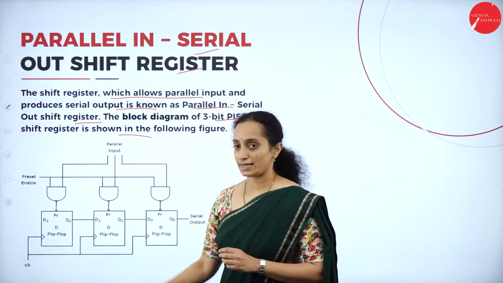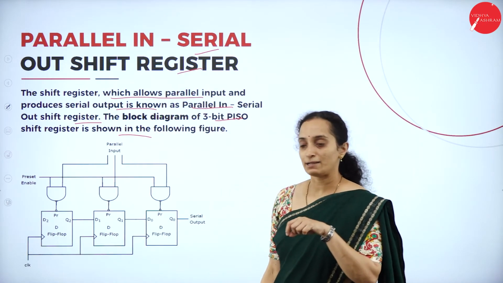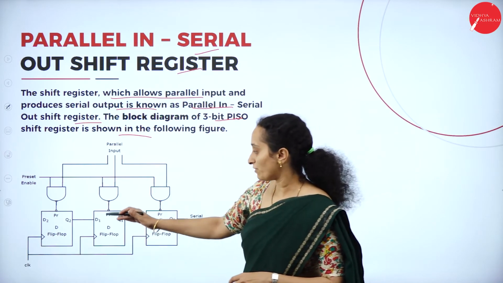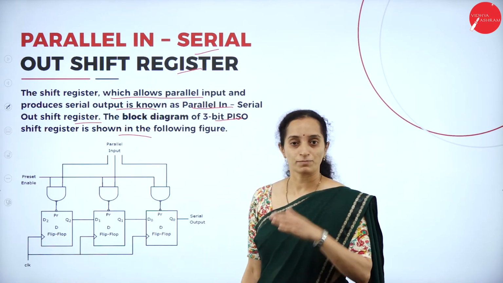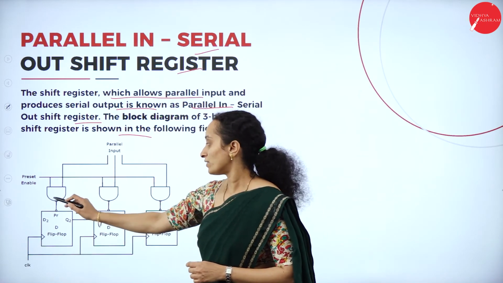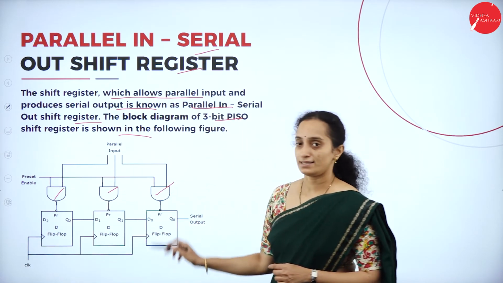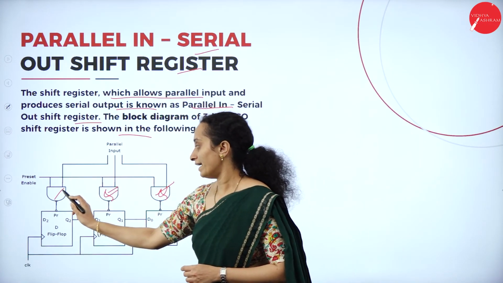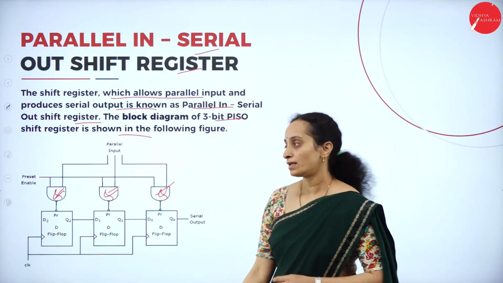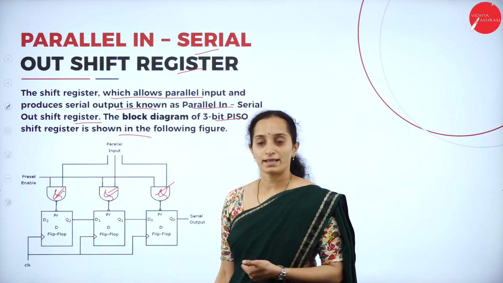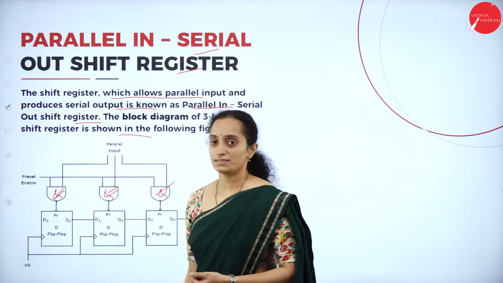We are using AND gates because you cannot directly put the values to all the flip-flops. Each flip-flop must take the input from the previous one. So to get a parallel input, we are using the AND gates here. These AND gates are connected by an electric pulse with a preset.